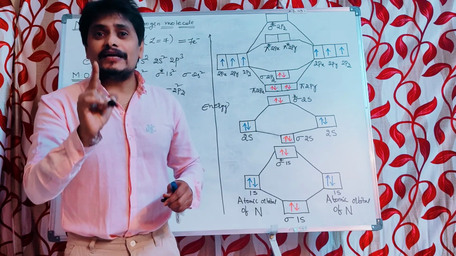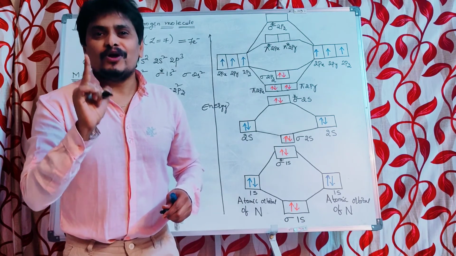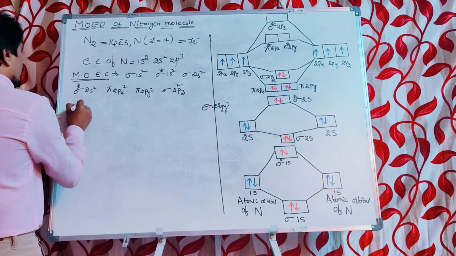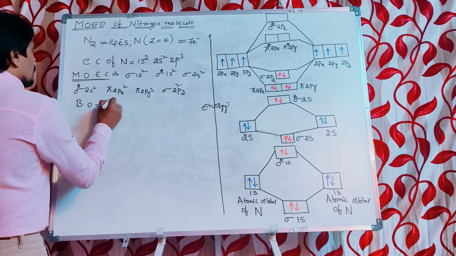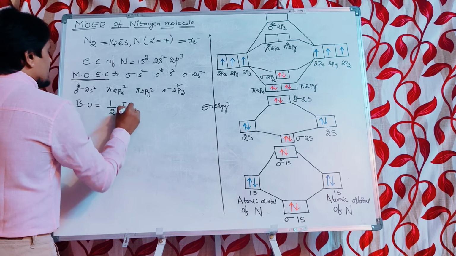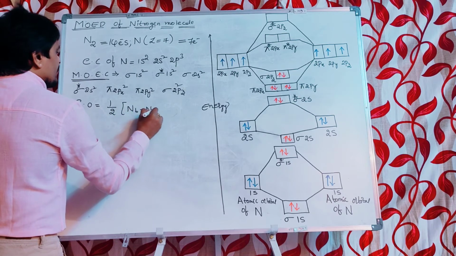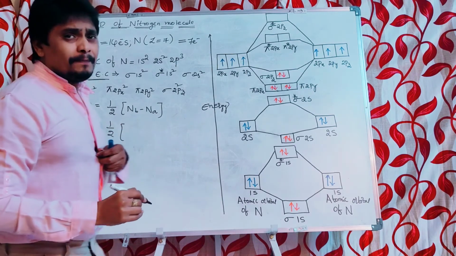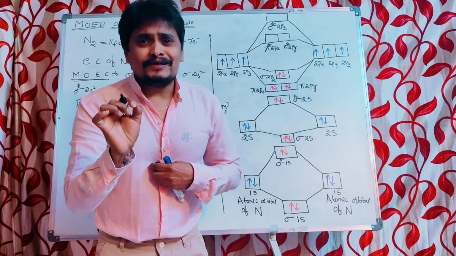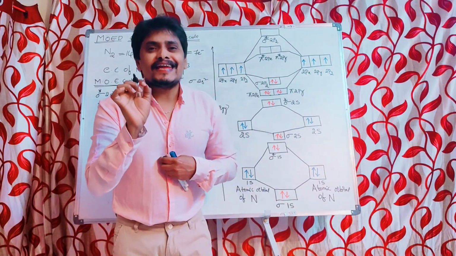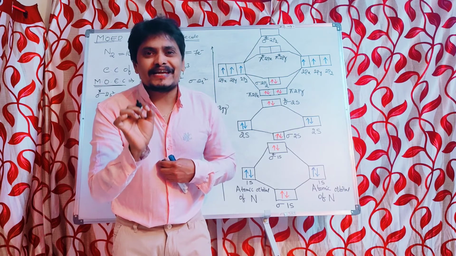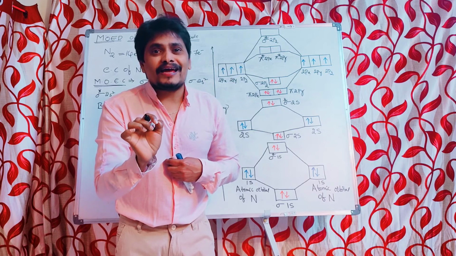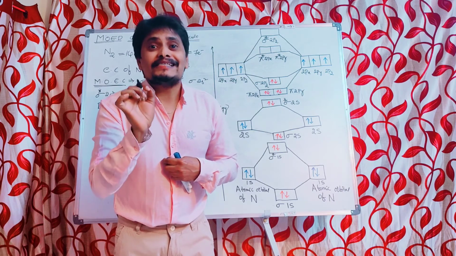Second, we get the information about the bond order of the molecule. What is the bond order, students? Bond order equals 1/2 (Nb minus Na). What is Nb? The number of electrons in the bonding molecular orbitals, and Na is the number of electrons in the anti-bonding molecular orbitals, which are denoted by a star.